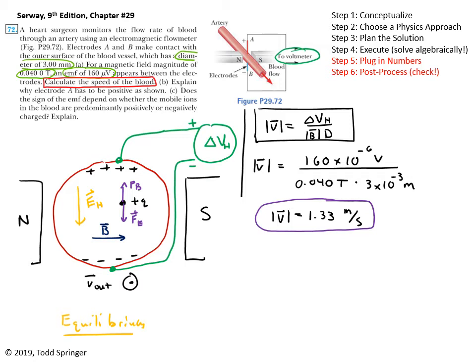Your blood is not rushing through your blood vessels at relativistic speeds, 1 meter per second. If I'm 2 meters tall, it takes blood a little more than a second to go from my feet to my head. That seems pretty reasonable, right? Your heart rate's about once a second. So there's the answer to part A.